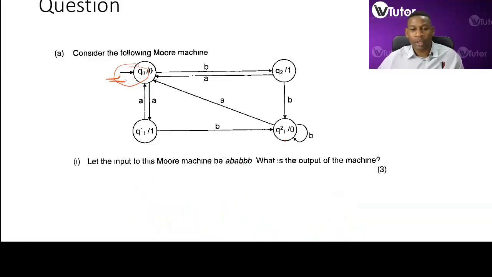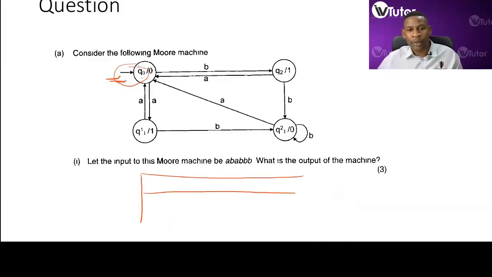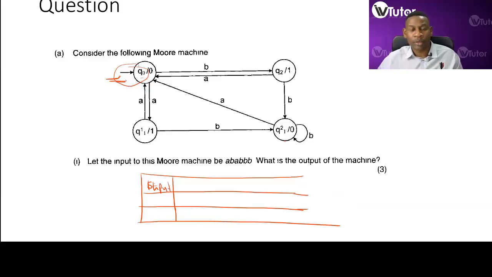So we said we've got our table. We've got input, states, and output.